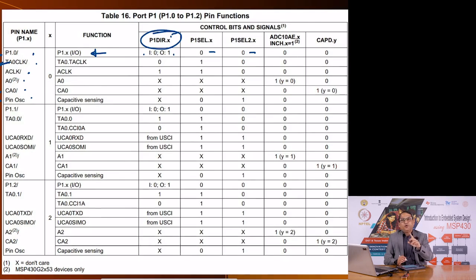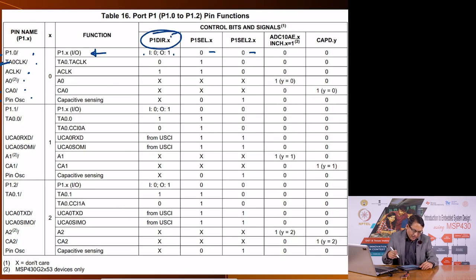Remember, each port has 8 pins, each pin is associated with a port bit. So, if I am talking of bit 0, that means I am saying P1DIR.0, I am talking of P1SEL.0, I am talking of P1SEL2.0 and so on. So, it is very important that you have this functionality associated with each and every pin.